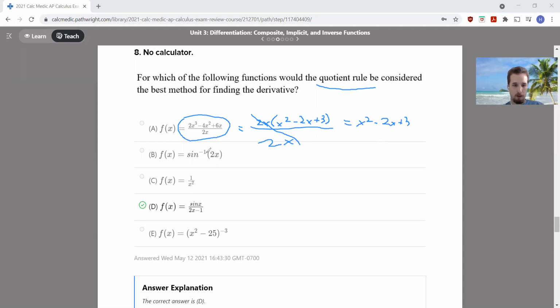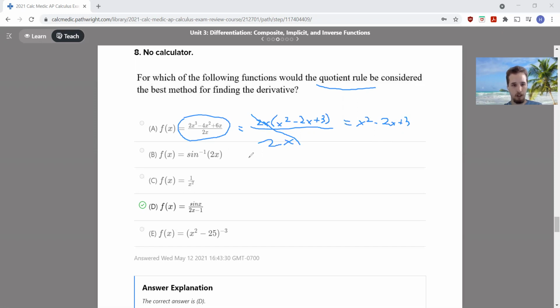What about inverse sine of 2x? Well, this is inverse sine. It's not sine to the negative first power, right? Because it's inverse sine, there's no quotient here. So we wouldn't use quotient rule for inverse sine. Just remember that sine -1 is inverse sine, not sine to the -1 power.